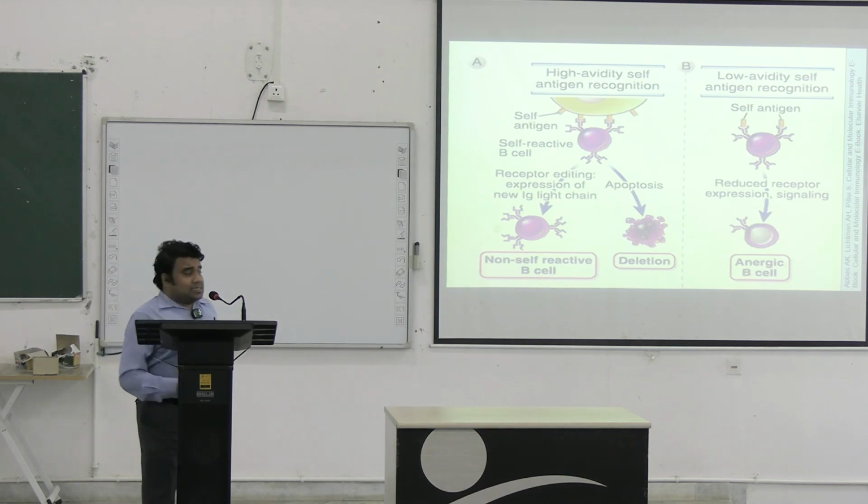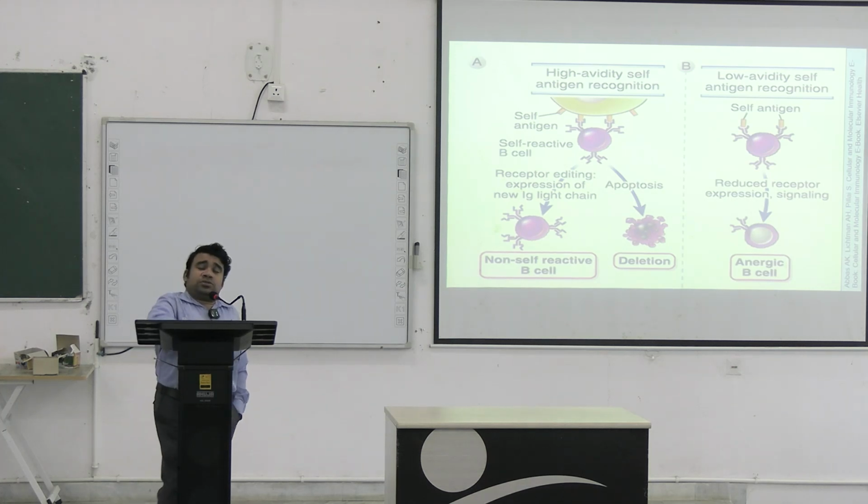Now, coming to the B cells, in the central tolerance part, we have two types of antigen recognition. First type is high avidity and the other is low avidity. I think you have learned about avidity. Avidity means the ability to bind to a particular antigen with a degree of specificity.